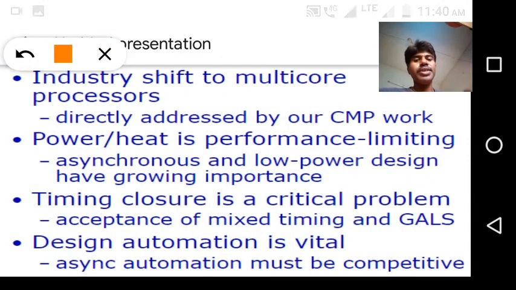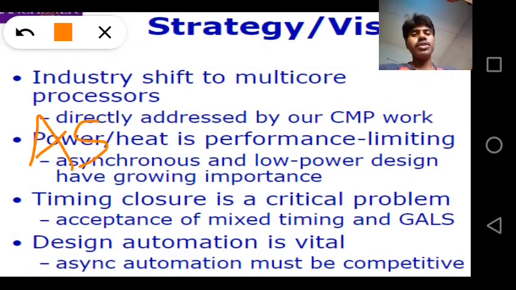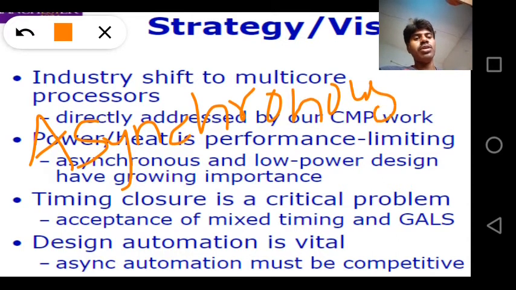See, all these are basic words. Remember, all these things we discussed in the previous class. First, you should understand what is meant by asynchronous. First I'll tell you what is meant by asynchronous, then I will explain why asynchronous has so much importance.